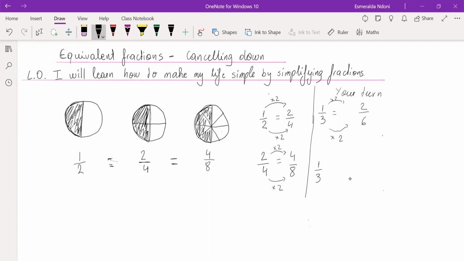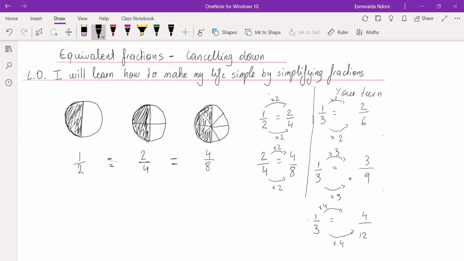Some of you might have decided to multiply by 3, and you would have got 3 out of 9. Or you might have even decided to multiply by 4. So if you decided to multiply a third by 4, it would still make an equivalent fraction to it, as long as you multiply the numerator and the denominator by the same number.